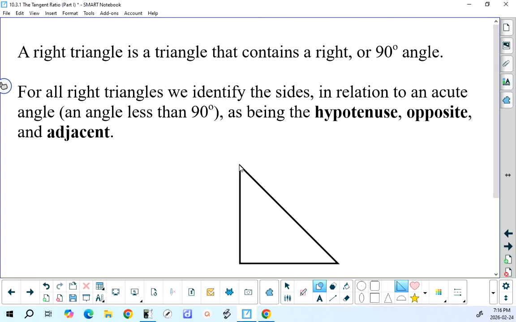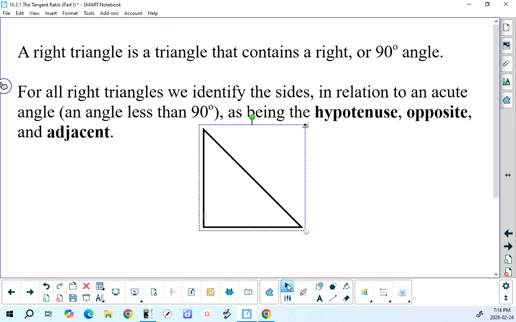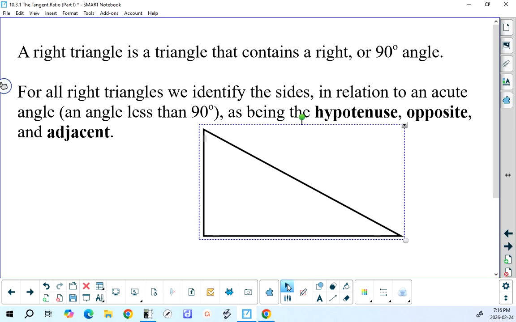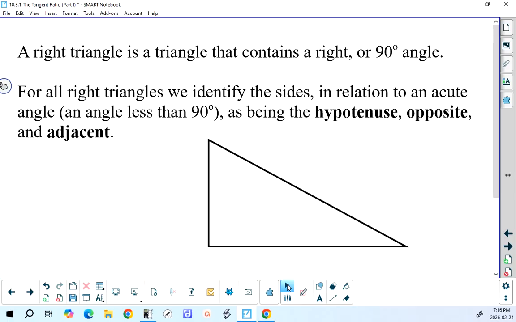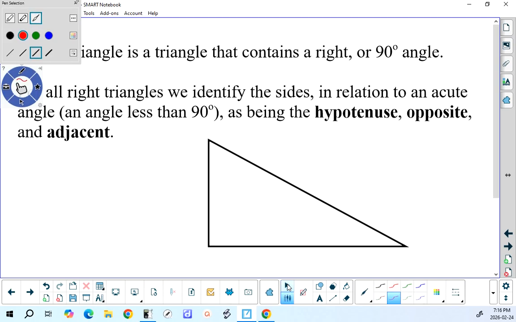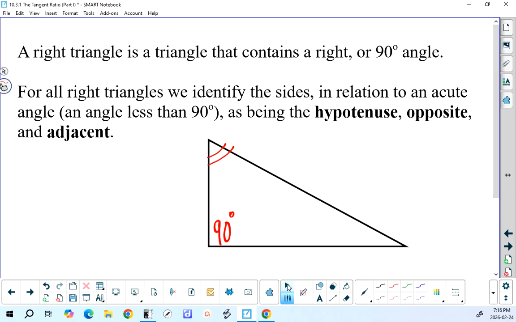here's a right triangle. I just want to change it so that it's not so symmetrical. That's a right triangle, and the 90-degree angle is usually labeled, but I'm going to just write out that this is 90 degrees. It has to be the case that the other two angles, this angle and this angle, have to be less than 90 degrees.